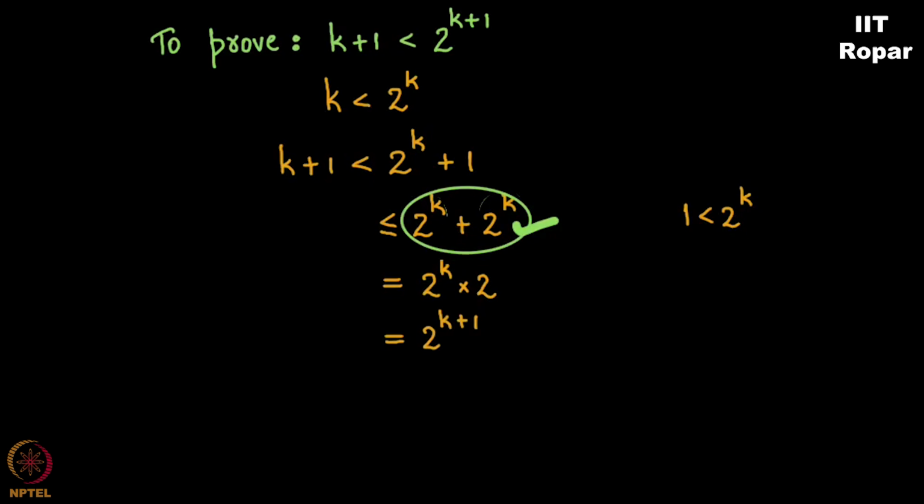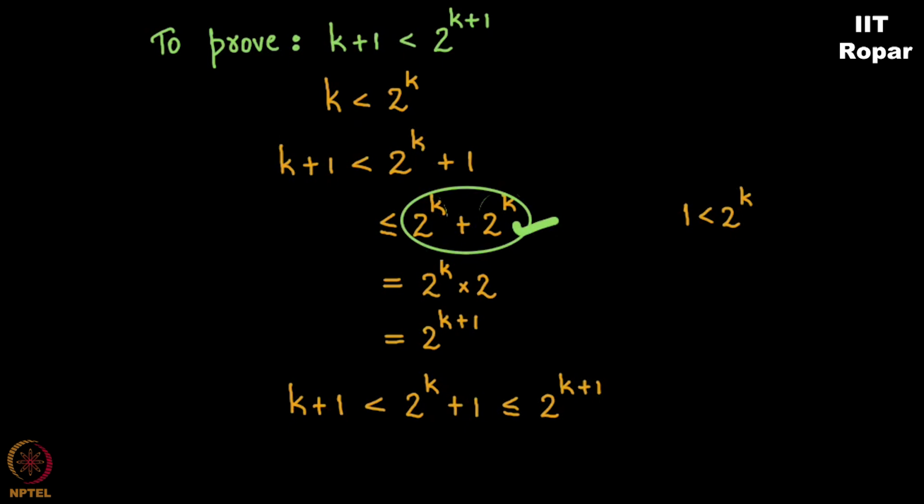Now, I can replace 2 power k plus 2 power k by 2 power k plus 1. And hence, the inequality now becomes k plus 1 is less than 2 power k plus 1. This remains as it is, less than or equal to 2 power k plus 1. Is it clear?